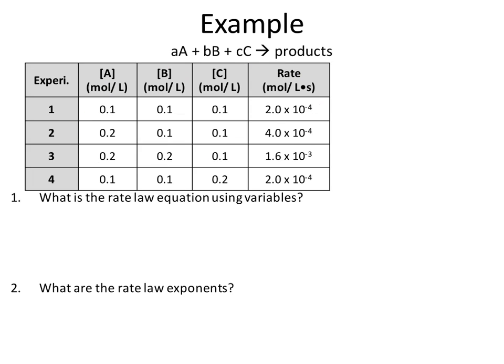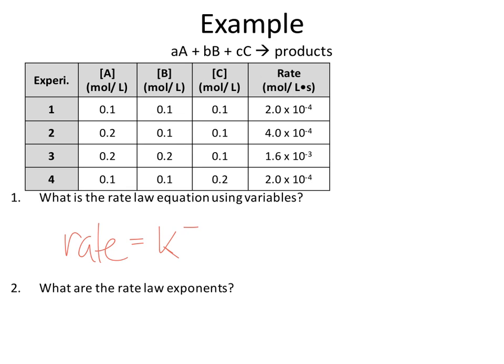Now, to figure out all these different parts of it, we're going to dissect this table a bit. But first, let's start off with what the rate law is using these variables. So our rate is going to be equal to some constant, we don't know what the constant is yet, multiplied by the initial concentrations of each of our reactants raised to some variable.